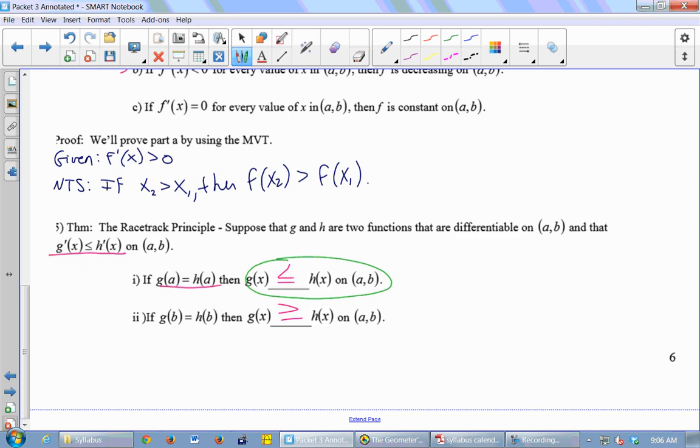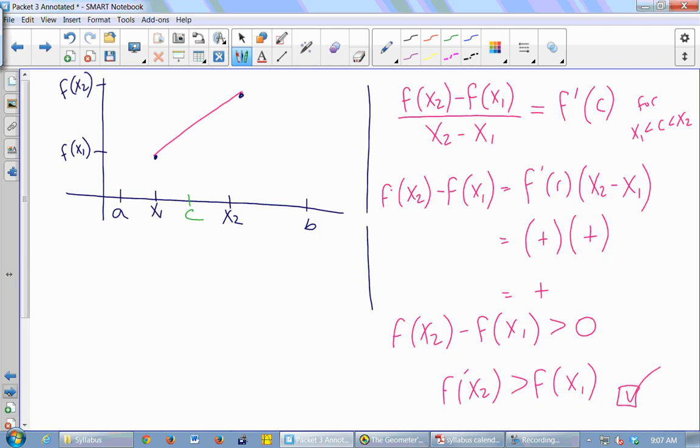Okay, so that's what the theorem says. It says, suppose these things are all true, right? So we get to assume those. Those are given. And then you also get to assume the if part of an if-then statement, and you have to prove the then part. All right, so let's see. We have g prime has to always be less than or equal to h prime, and g of a has to equal h of a.